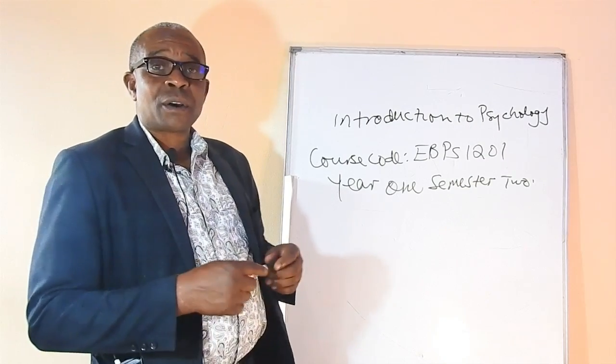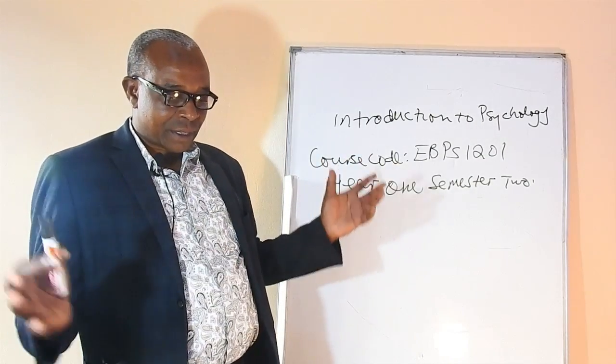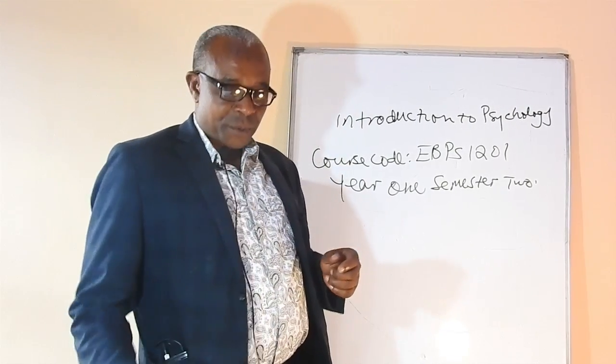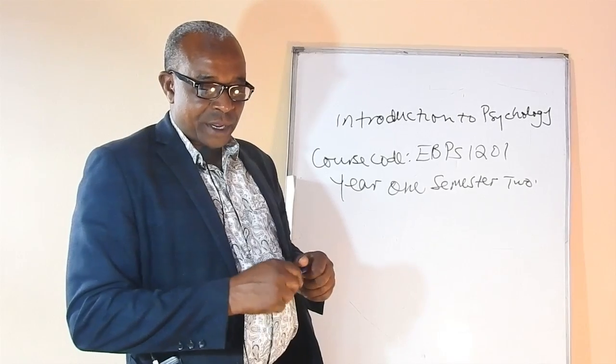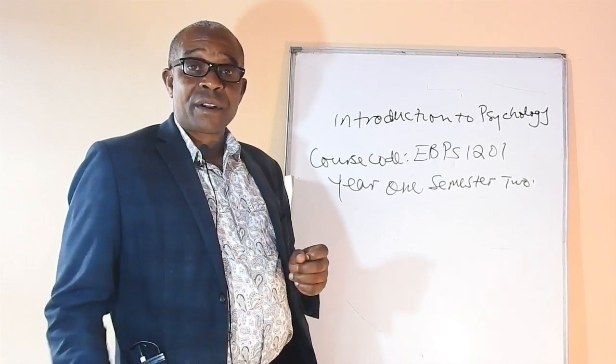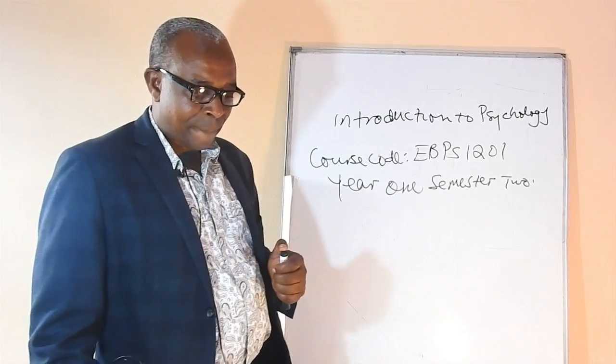The objectives of this lecture and the entire course: by the end of the course, you should be able to explain the various theories and principles of psychology and their relevance to education.